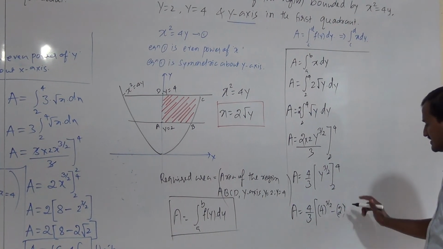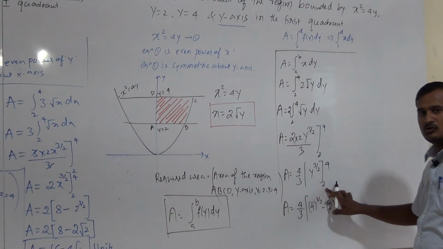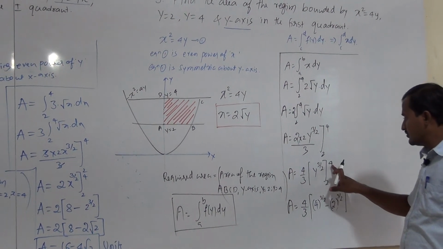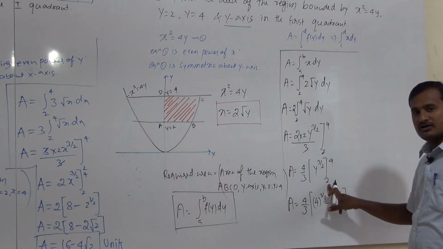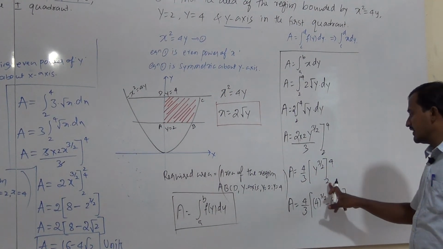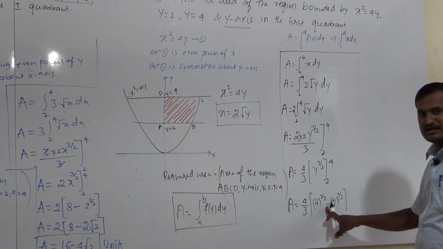You should replace the value of y from upper limit to lower limit. First you should substitute the value of y as 4, that is the upper limit. After that you have to substitute the lower limit 2. In between upper limit and lower limit you should write the minus sign, right?